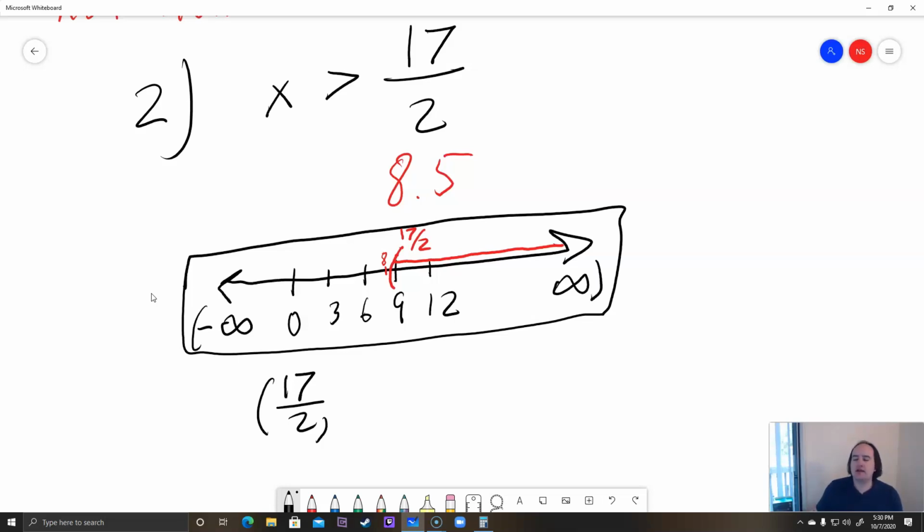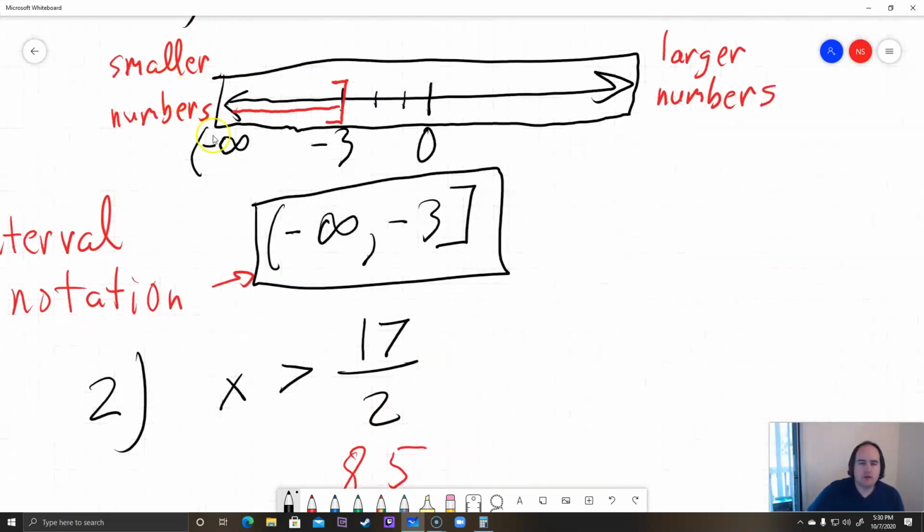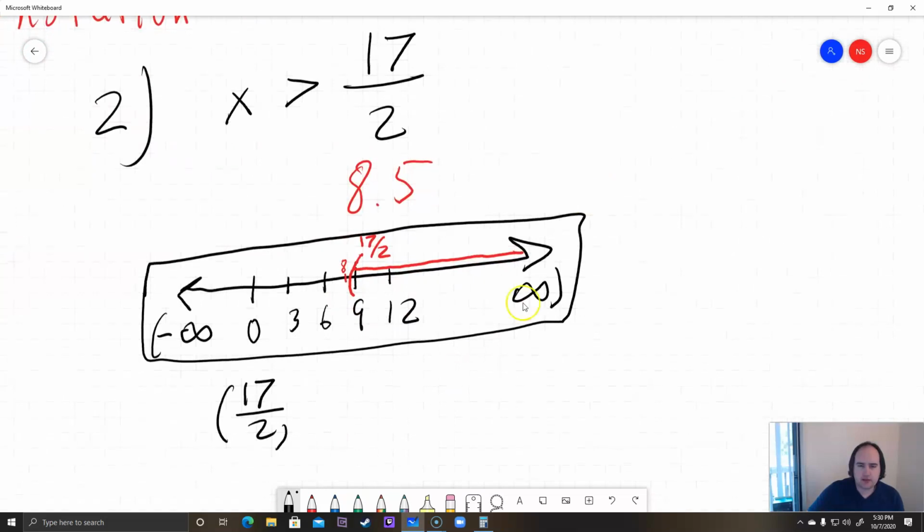For negative infinity and positive infinity, you're always going to be using parentheses when you're writing out the interval notation. Like on the last problem, we had negative infinity on the left side. That was the arrow to the left. We put parentheses, negative infinity. And for this one, on the right side, we have positive infinity, and our graph is going out there.